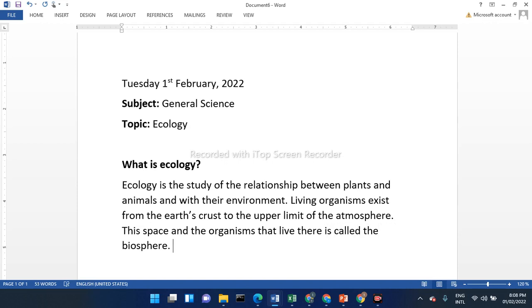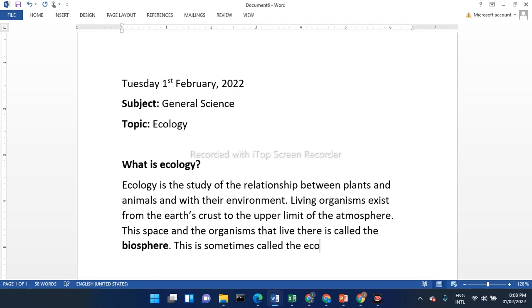Another word that we also use for biosphere, does anyone know another terminology, another word for the biosphere?